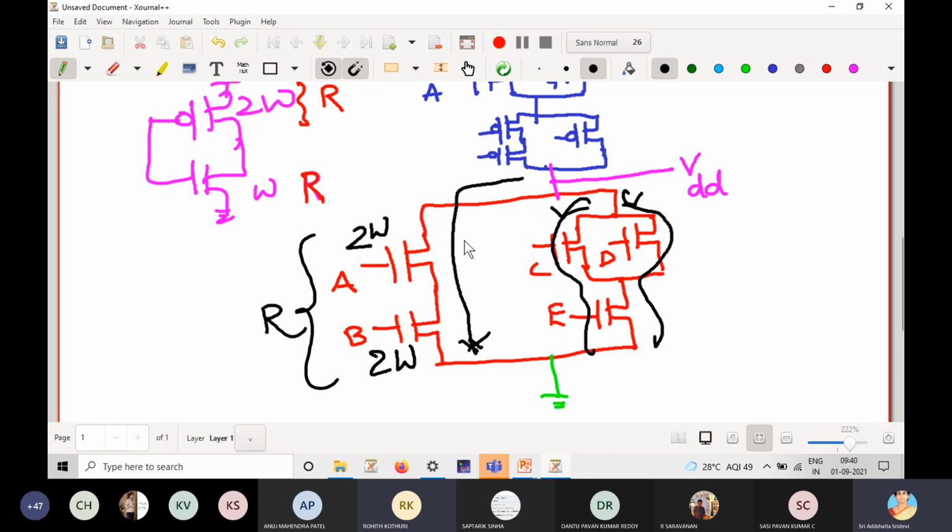So I want a total resistance of R, but if there are 2 MOSFETs in series, they will give you a total resistance of 2R. So to make only resistance R, I am giving 2W, 2W, 2W, 2W. So this is 2W, 2W, this is 2W, 2W. That's what I'm getting. Is it clear?